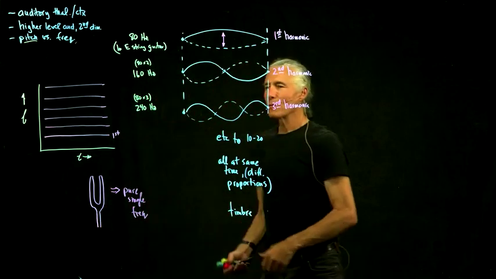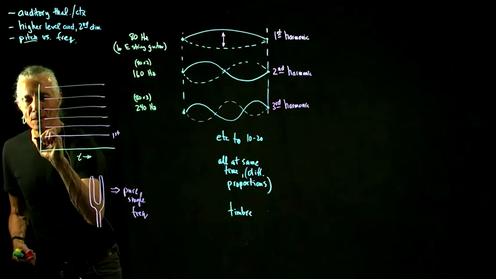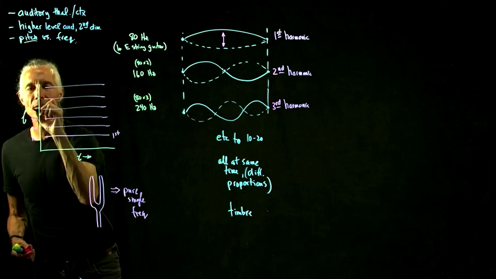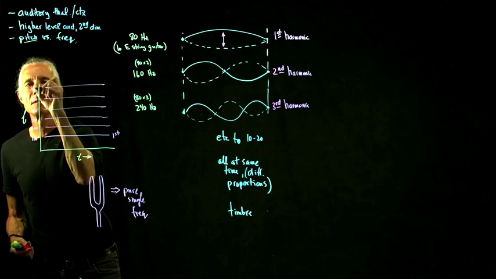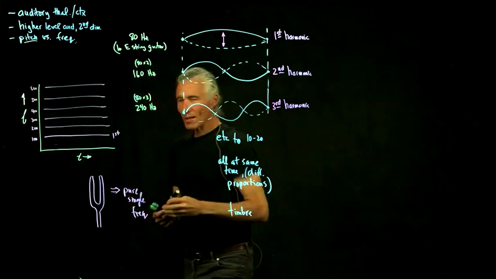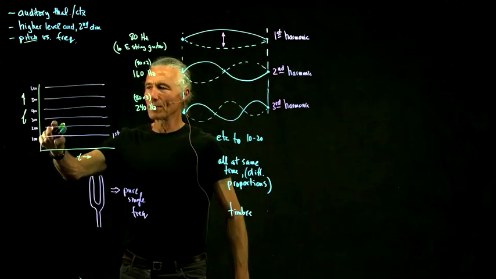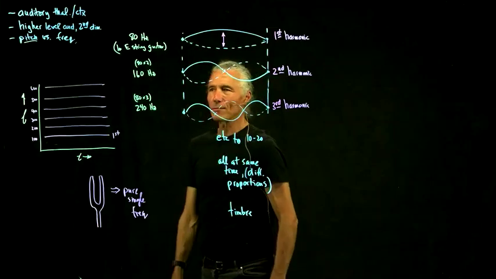computers, what Helmholtz did is he said, let's say this was just 100 hertz. So 100, 200, 300, 400, 500, 600. So you get tuning forks for 100, 200, 300, 400, 500, 600, and ding them all at the same time. It sounds like 100.